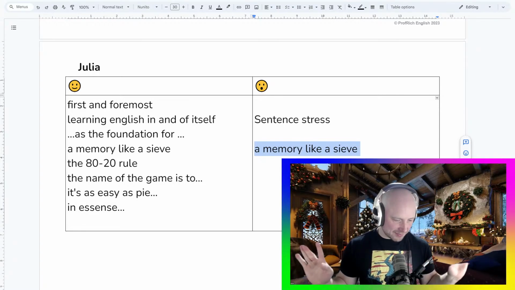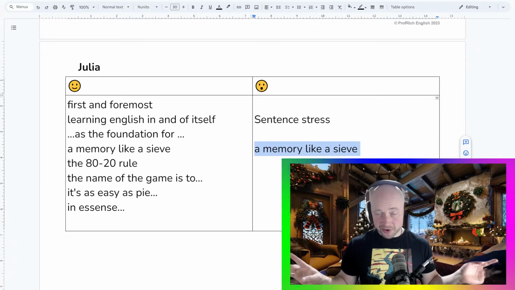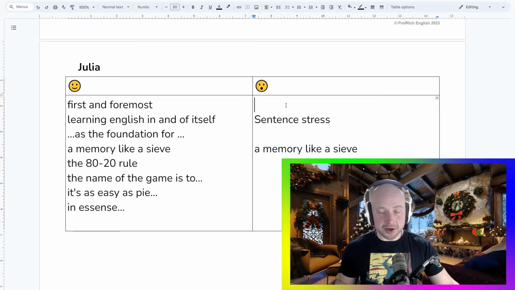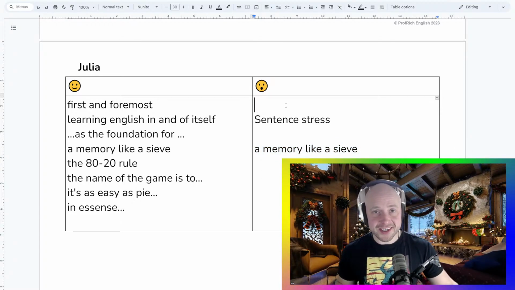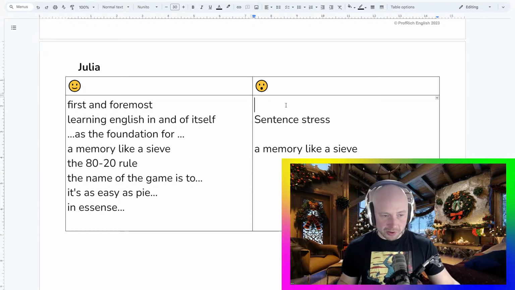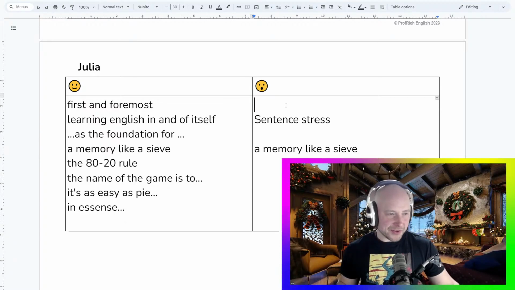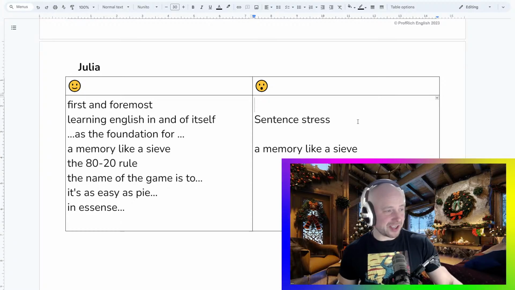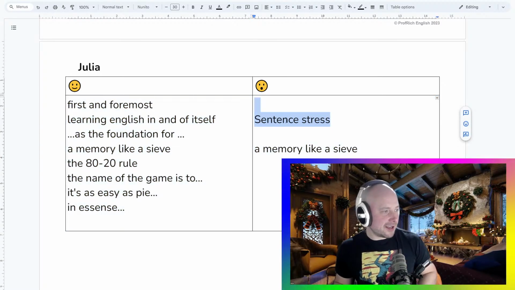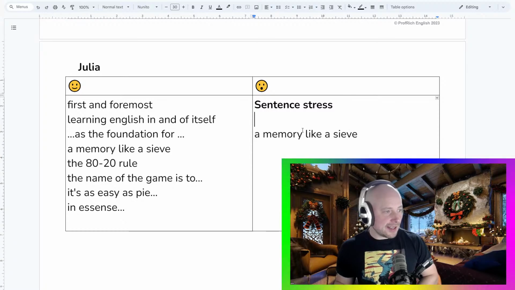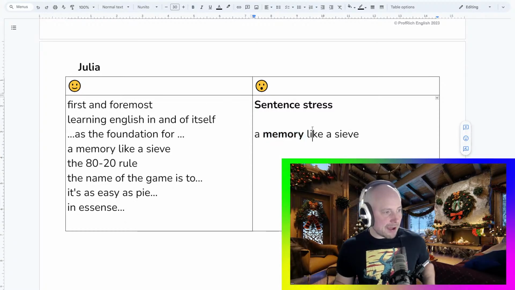I realize it'll be an ongoing process. You're not going to change that overnight because it probably comes from your first language. So it's what we call language interference from your first language. It's totally fine. You sound perfectly clear. I'm just giving you an option there for something to work on. So sentence stress, hit the keywords: a memory like a sieve.